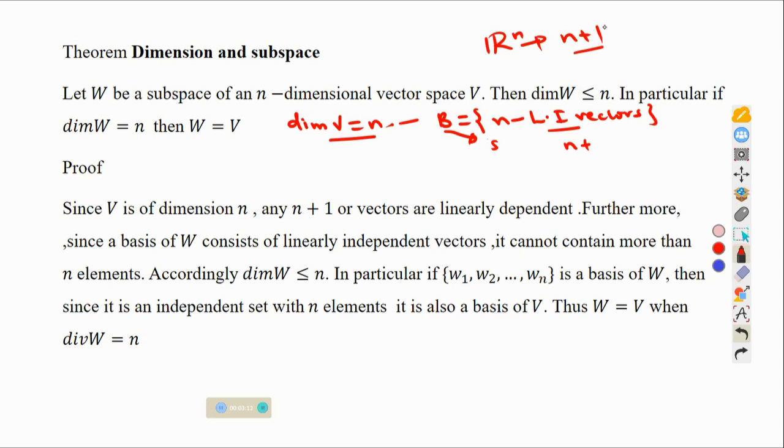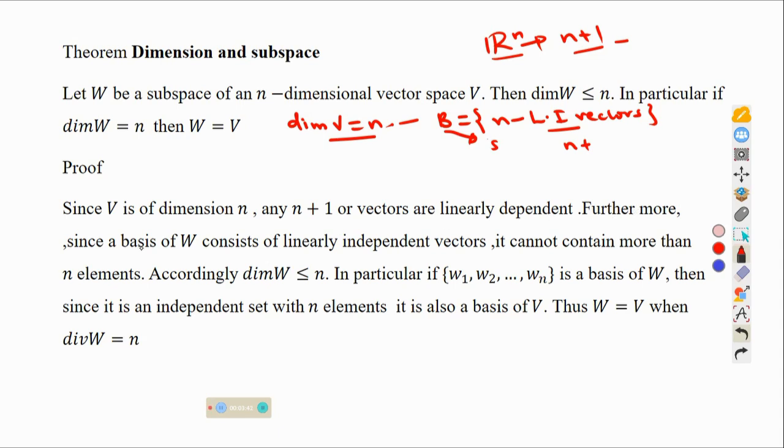So n plus 1 or more vectors in r to the power n will be linearly dependent, and that set will no longer be satisfying the conditions for the basis. So we are saying that if V is of dimension n, then any n plus 1 or more vectors are linearly dependent. That one we also looked at the theorem and the proof for that.